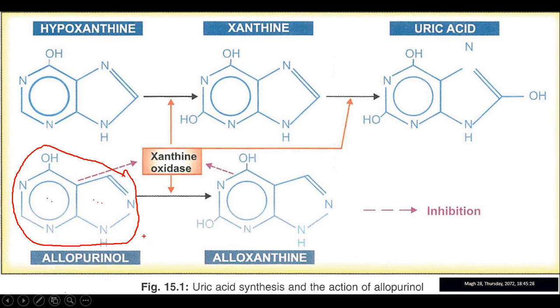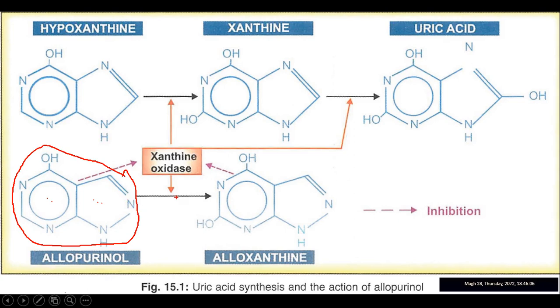These are purines, and so are the hypoxanthines and xanthines. They also have a similar double ring structure. And so what happens is, when this allopurinol goes to the body, it inhibits xanthine oxidase slightly, only very little.